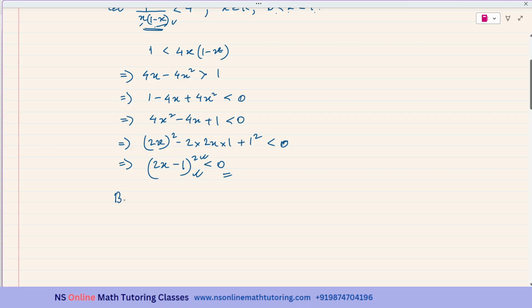A square number can be greater than or equal to 0.